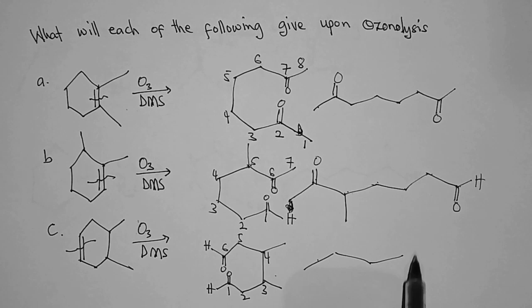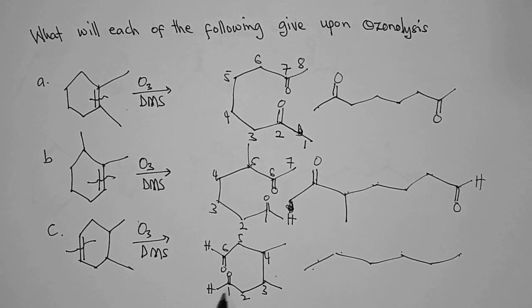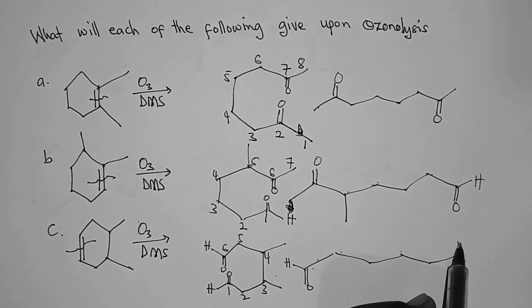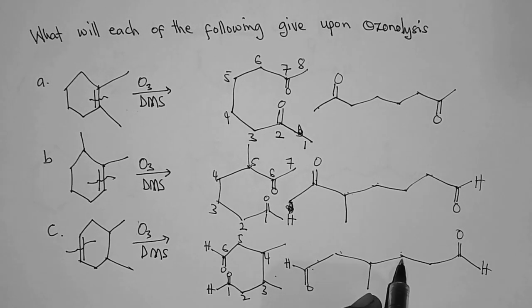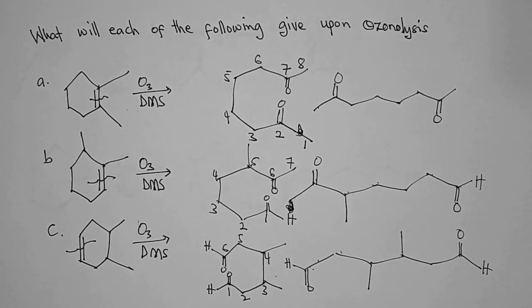So let's draw it. And then on carbon number 1, we have an aldehyde, and on carbon number 6 too, we have an aldehyde. Then on carbon number 3 and 4, we have methyl groups. So these are the molecules from the ozonolysis of those molecules.